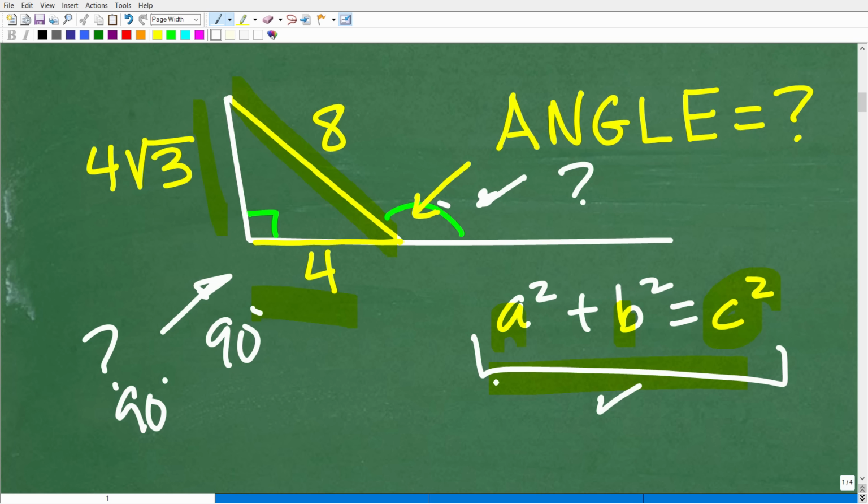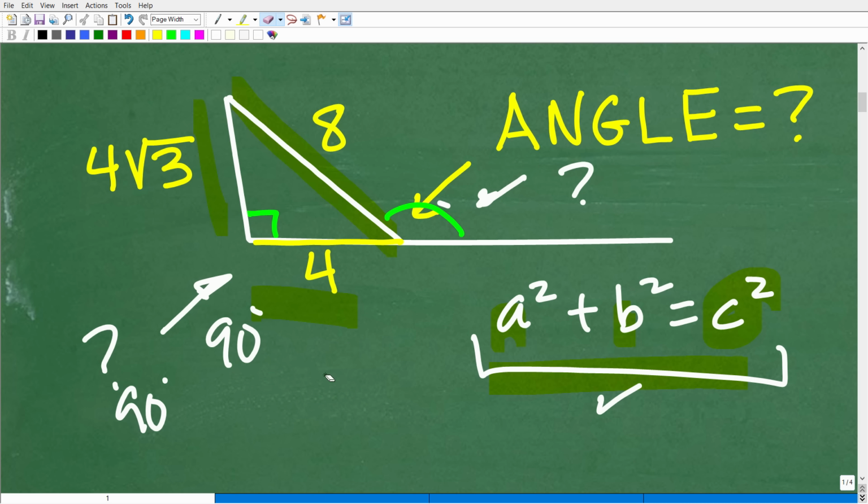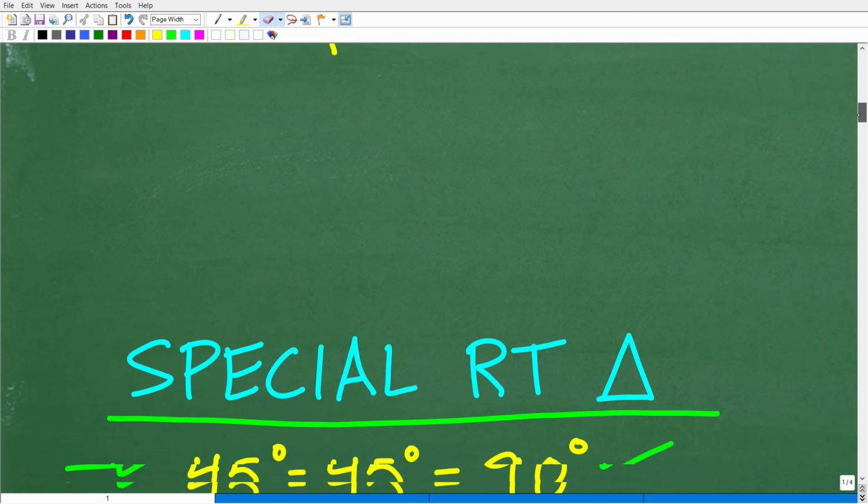If you didn't know about 30, 60, 90 special right triangles, then you would have to know some basic trigonometry, some trigonometric ratios. But we can spare ourselves from doing trigonometry if we understand special right triangles. I'm going to verify the lengths here by using the Pythagorean theorem in just a second. But let's talk about these two special right triangles before we move on, because this is very important stuff.